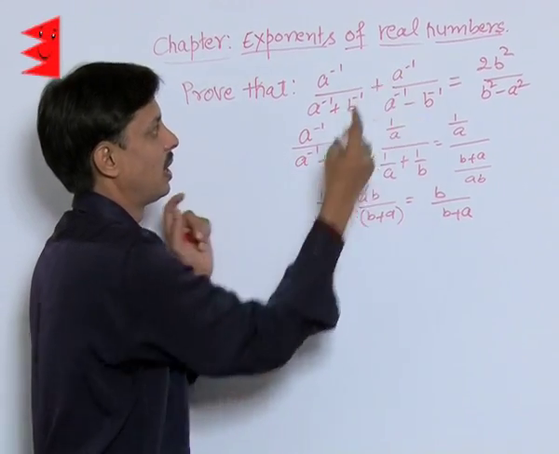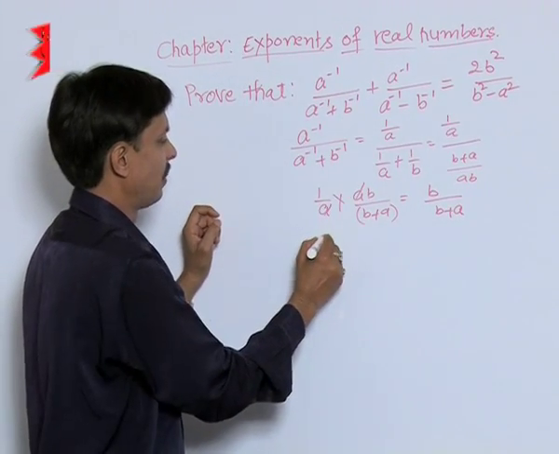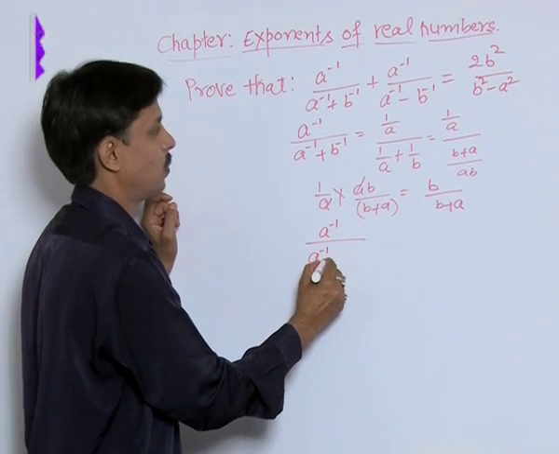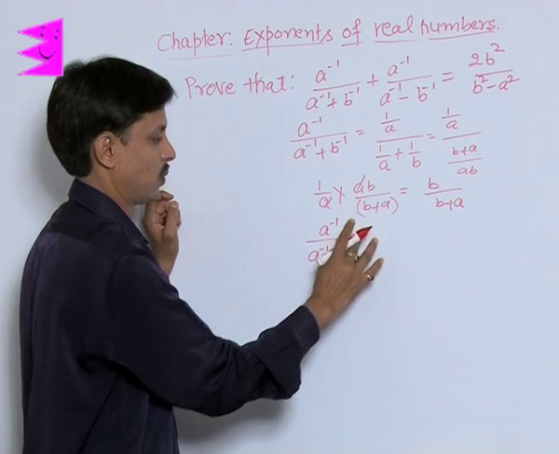Now I am taking the second term. The second term is a raised to the power minus 1 divided by a raised to the power minus 1 minus b raised to the power minus 1.